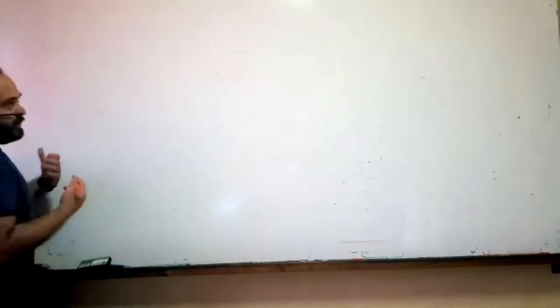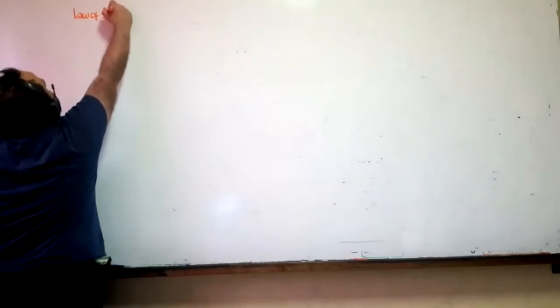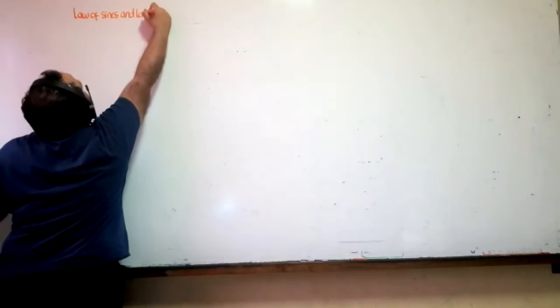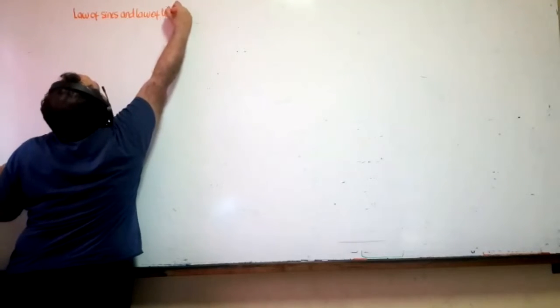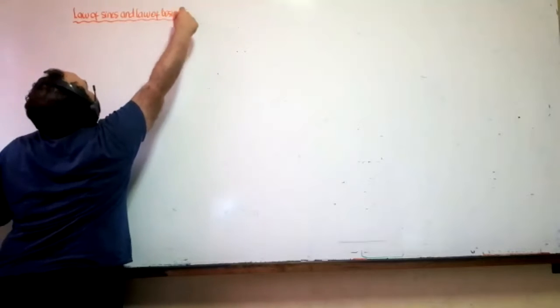When that happens, this is an oblique triangle. The names of the tools we can apply are the law of sines and the law of cosines. All right. Law of sines and cosines.